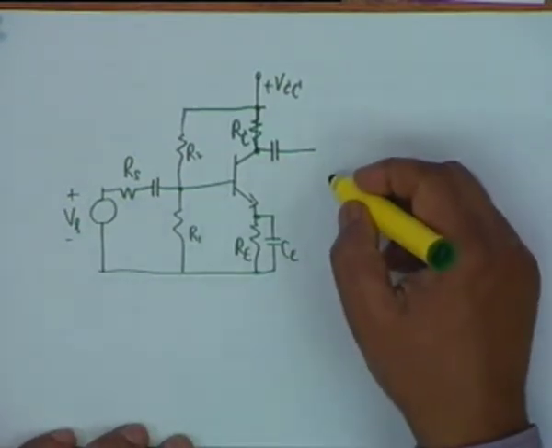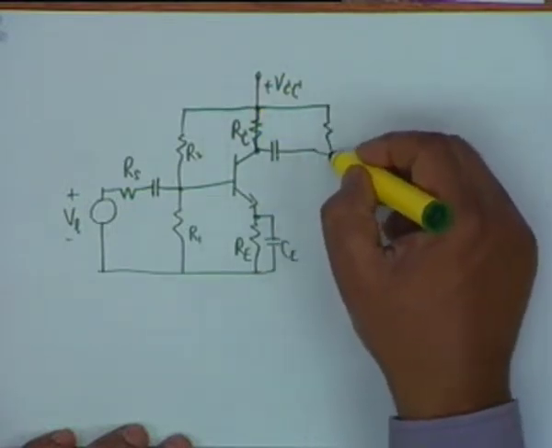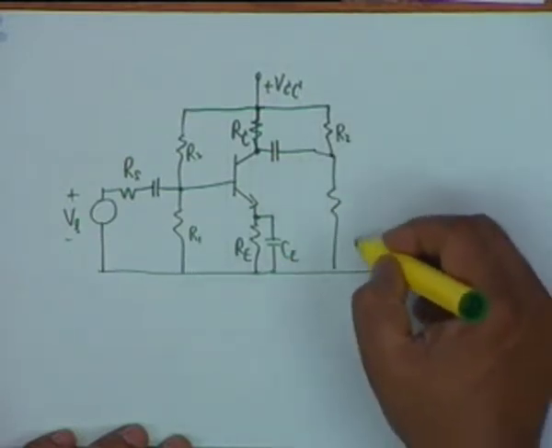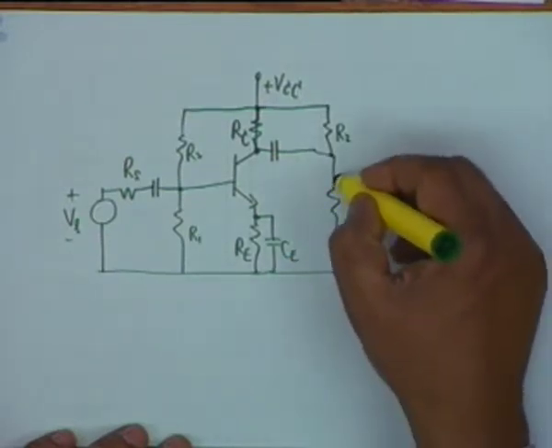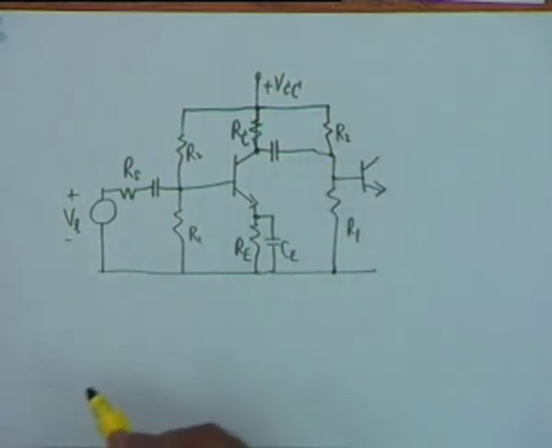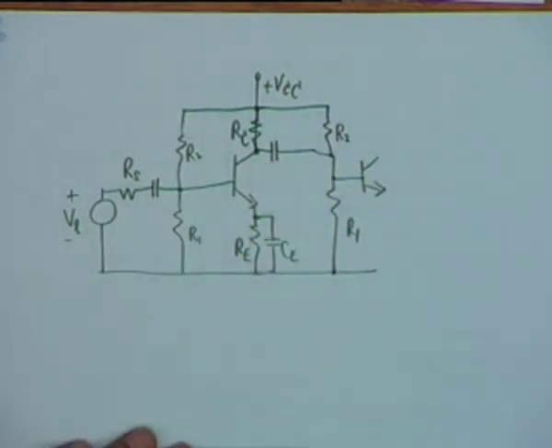Then it is coupled to the second stage by a capacitor. Let us say they are identical stages, R1, R2. Then you have the base. We do not use an extra load here because the second transistor acts as a load to the first transistor.